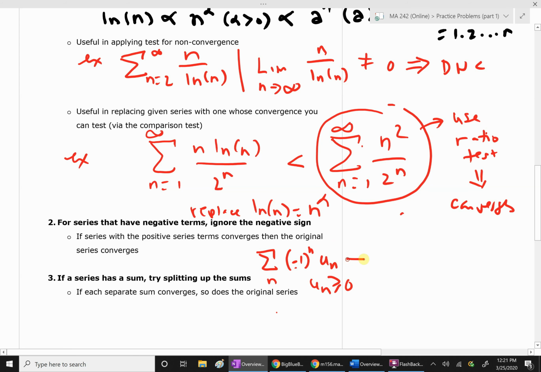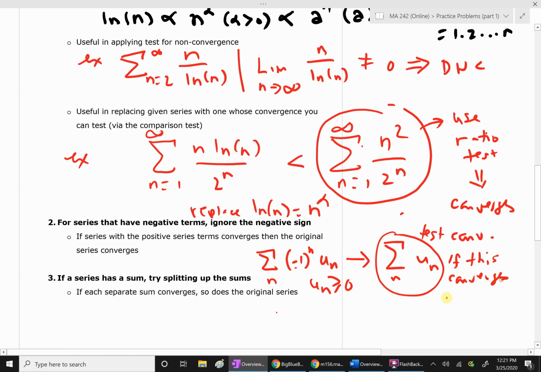You're going to replace this by the series where the terms are all positive, and test the convergence of this series. If this converges, our original series converges.